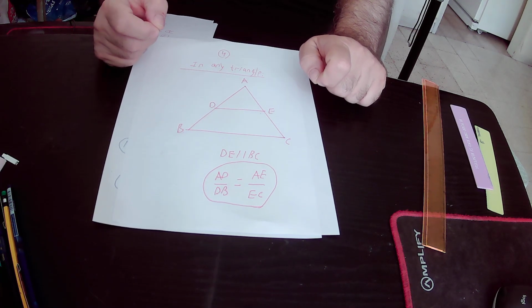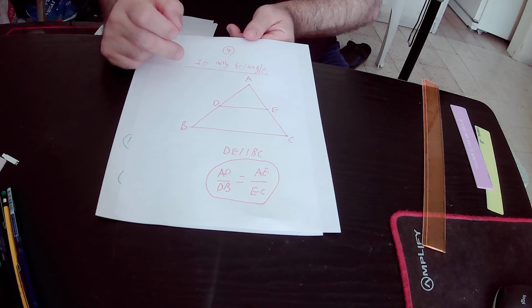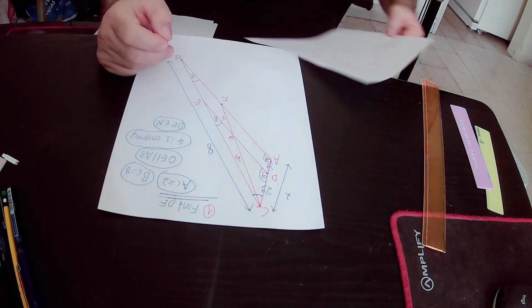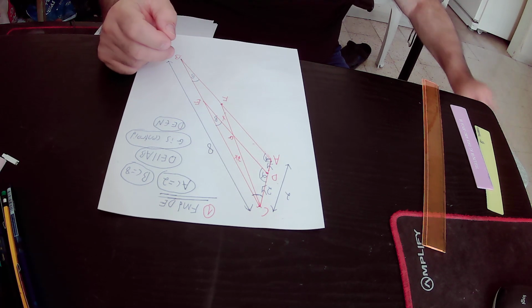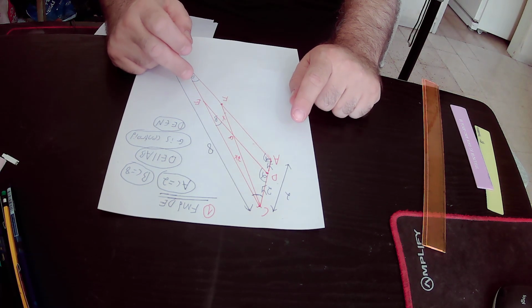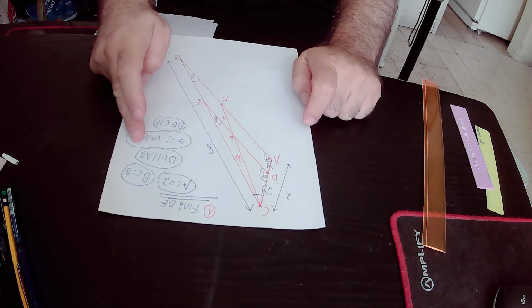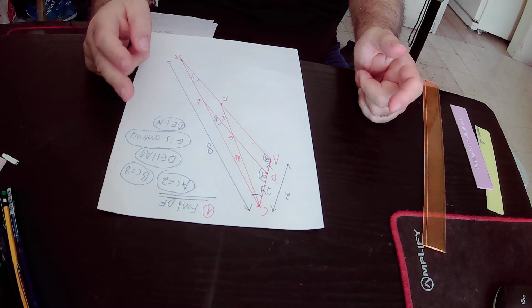Okay, and again we can implement the second rule in our triangle, in our drawing, because we know that in our drawing DE is parallel to AB. It is given to us in the question. DE is parallel to AB.